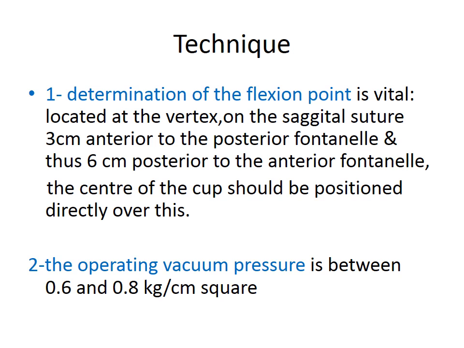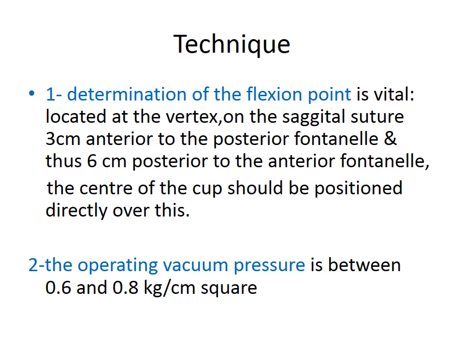Because if this flexion point is not determined and the cup is placed on another point, this may lead to deflection of the head, and an obstructed labor will result, and the baby will not, of course, pass through the birth canal because the presenting diameter will be increased.